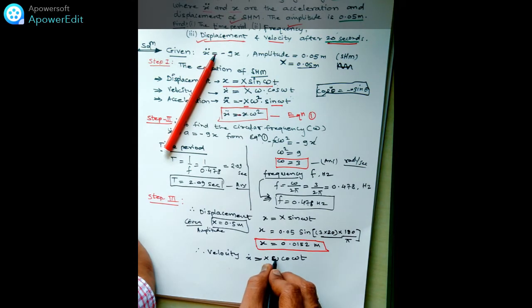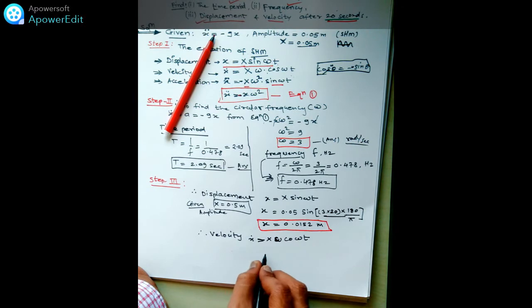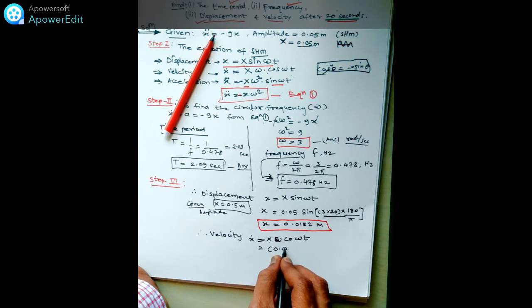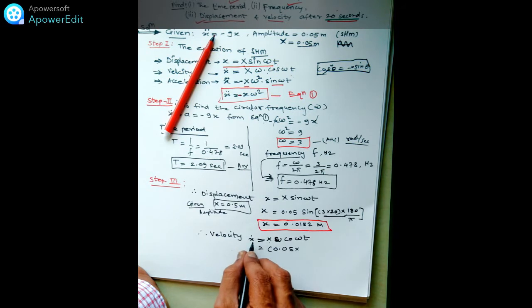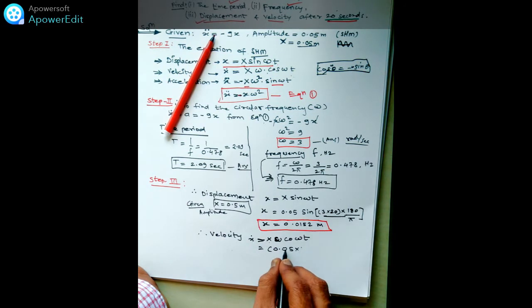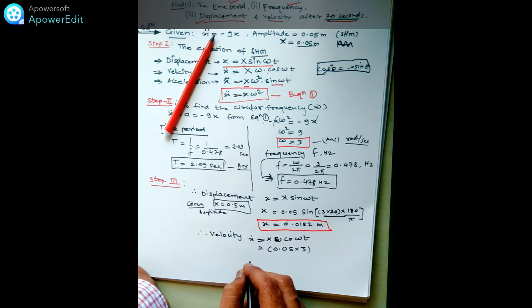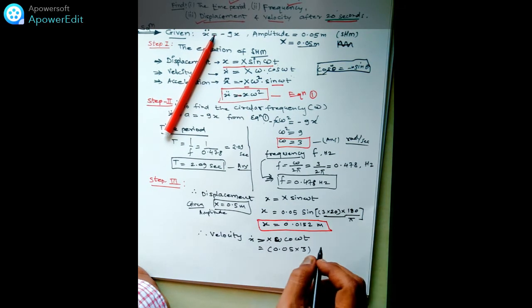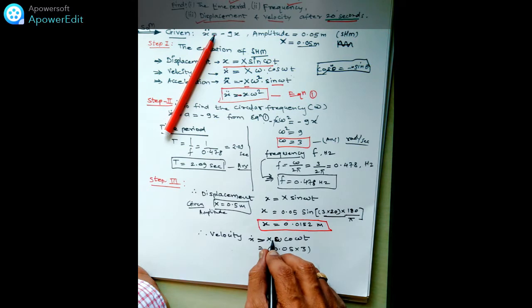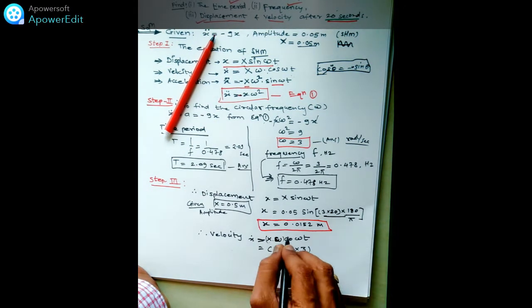I will put the values. This capital X is the amplitude, already told to you, don't get confused, it is very simple. Capital X, 0.03, multiplied by 3, the value of omega, and into cos.